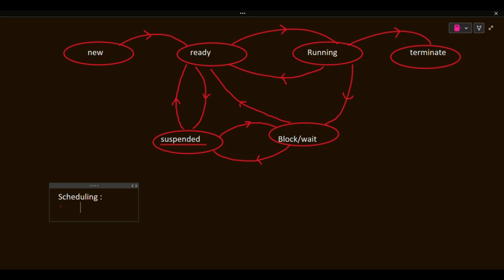In the process of scheduling, there are mainly two components which play an important role. The first one is the schedulers, and the other one is dispatchers.